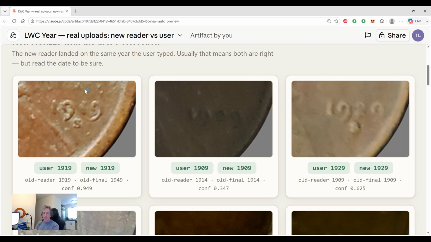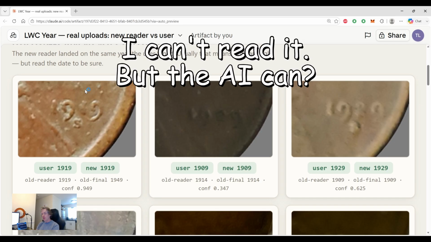Part of what I have to do here is double check that what the penny is reported as being is actually what it is, because you'd not be too surprised how often people say the coin is a 1919 and it's actually a 1929. So everything needs to be double checked.